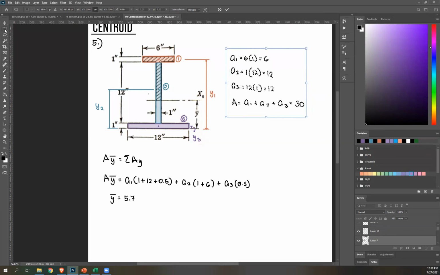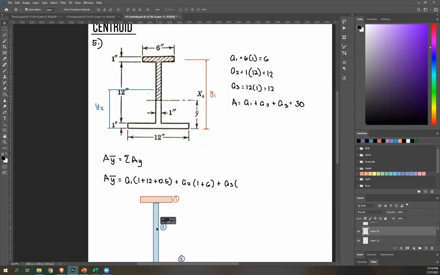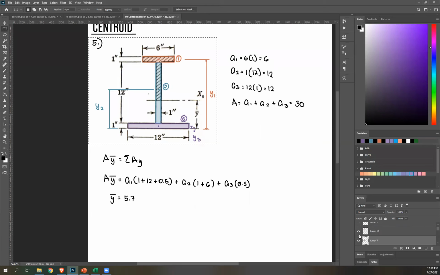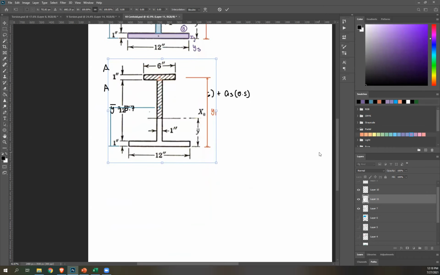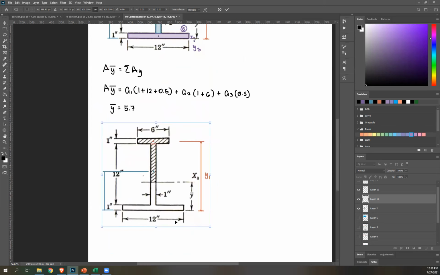So let me just get this figure again. Now let's talk about what will happen.